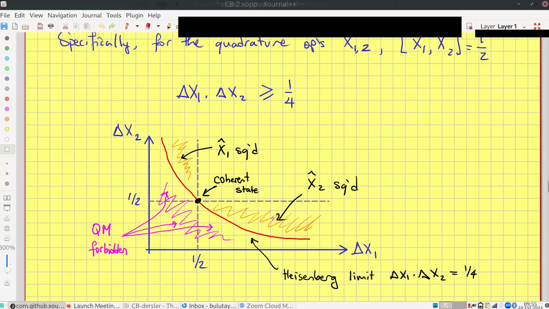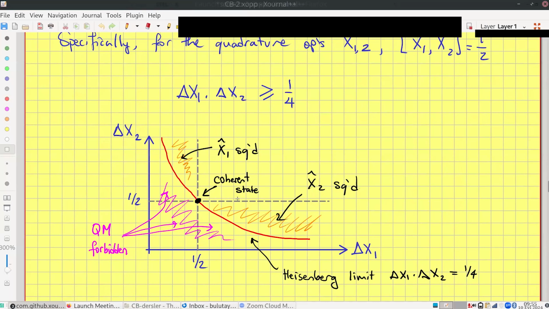So in general, a quantum state is somewhere here, okay? A coherent state is just on that limit, and it has equal errors in each quadrature. It's very democratic. You cannot reach this region. This is the quantum mechanically forbidden region, okay?